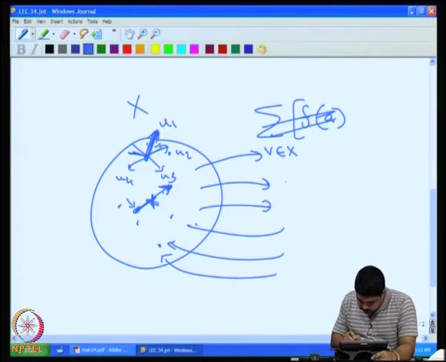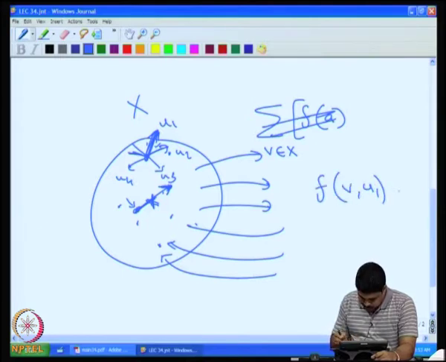For a vertex, what I am summing up is the flow value on v u1, all the outgoing arcs, minus the sum of the flow values on u1 dash comma v.